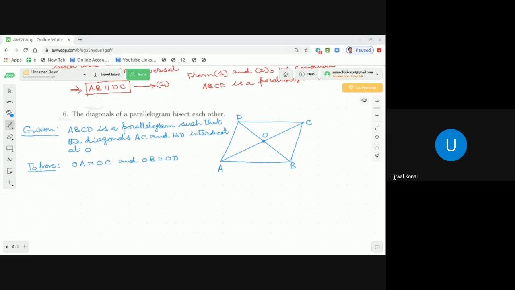Now, dear students, as you see that ABCD is a parallelogram, definitely we can say that AB is parallel to DC and AD is parallel to BC. So here I am going to prove it.